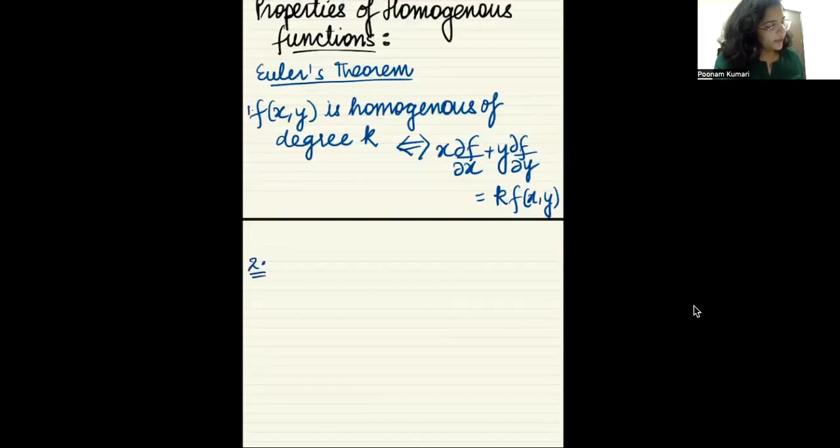Another property. Whatever properties we are going to discuss now, they will be properties followed by a homogeneous function of degree k.